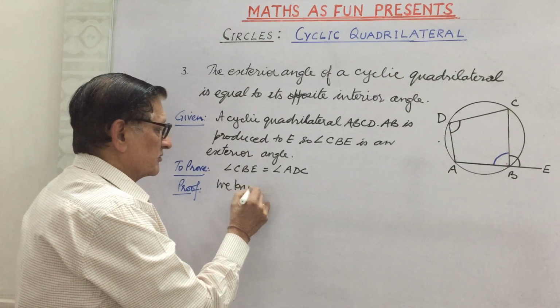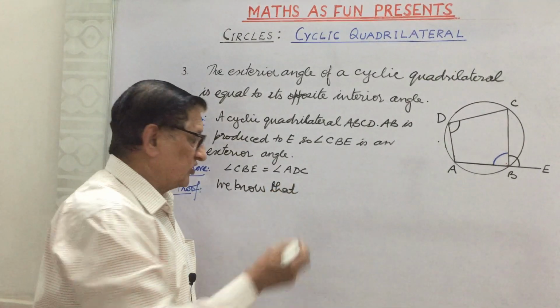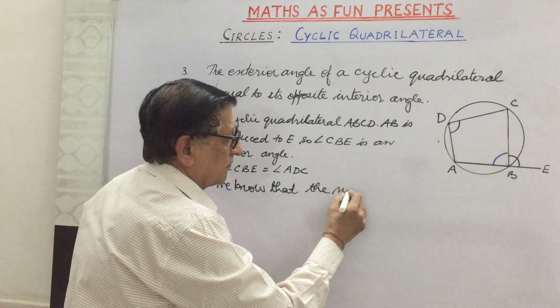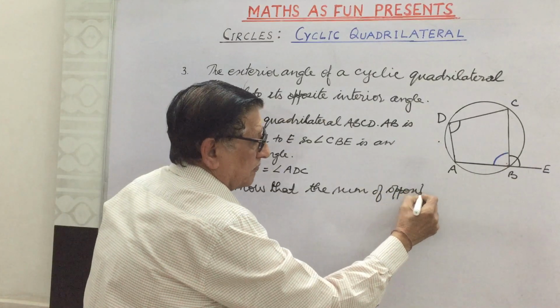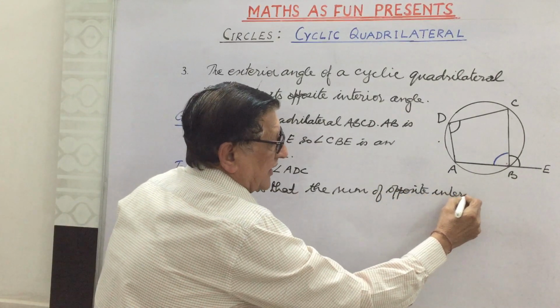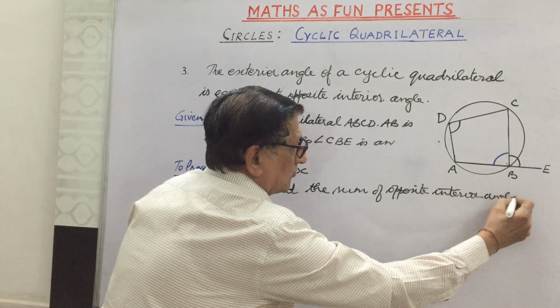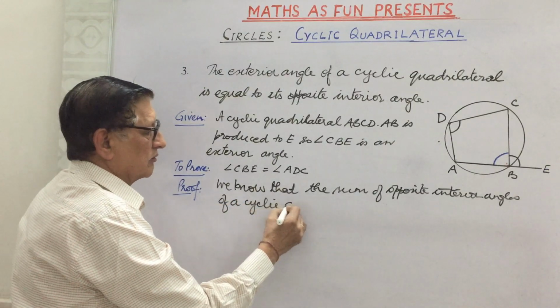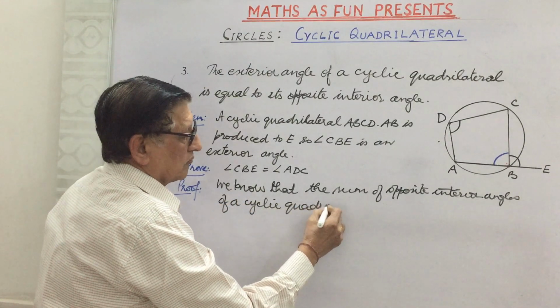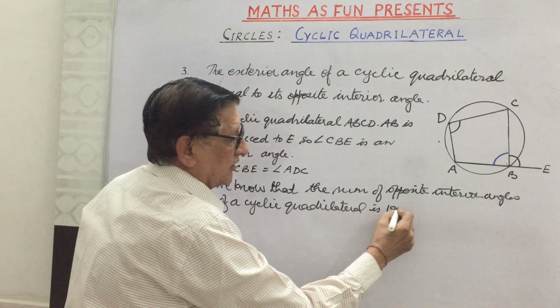We know that the sum of opposite interior angles of a cyclic quadrilateral is 180 degree.